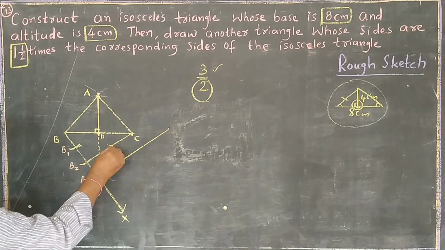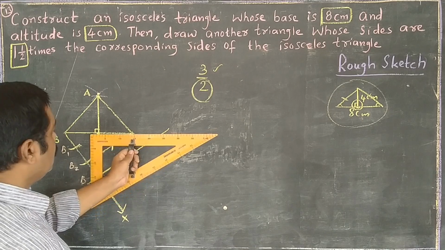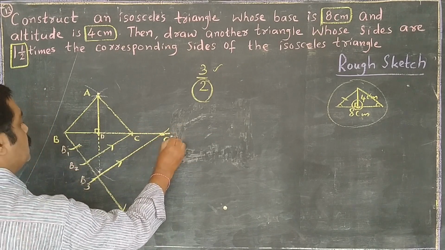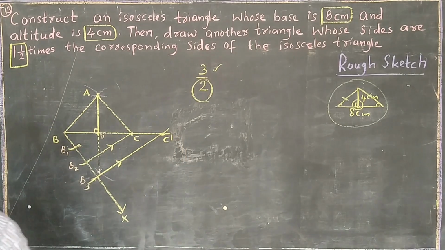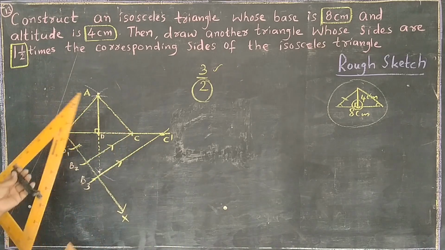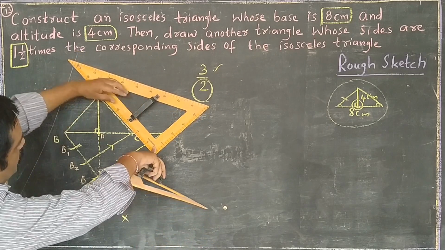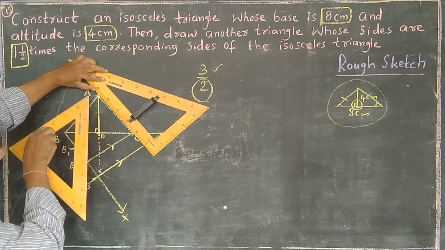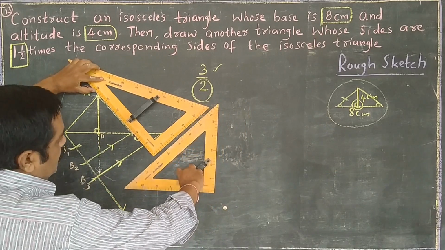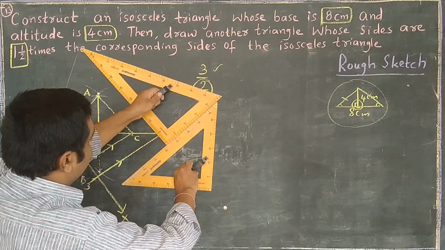Now these two lines are parallel lines. Produce BC, and both intersect at the point we call C dash. Again, through C dash, draw a line parallel to CA. How? Take the set square, keep it like this, and slowly move it until it reaches C dash.